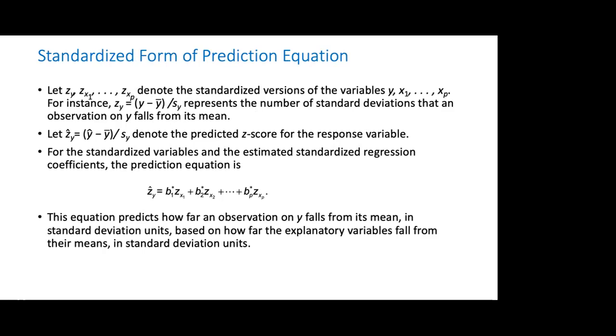If you make them all have a mean of 0 and a standard deviation of 1, then the regression coefficients from a regular regression analysis would be identical to the betas. That's what the standardized regression coefficients represent: if all variables are on the same scale, what is the influence of each individual predictor?